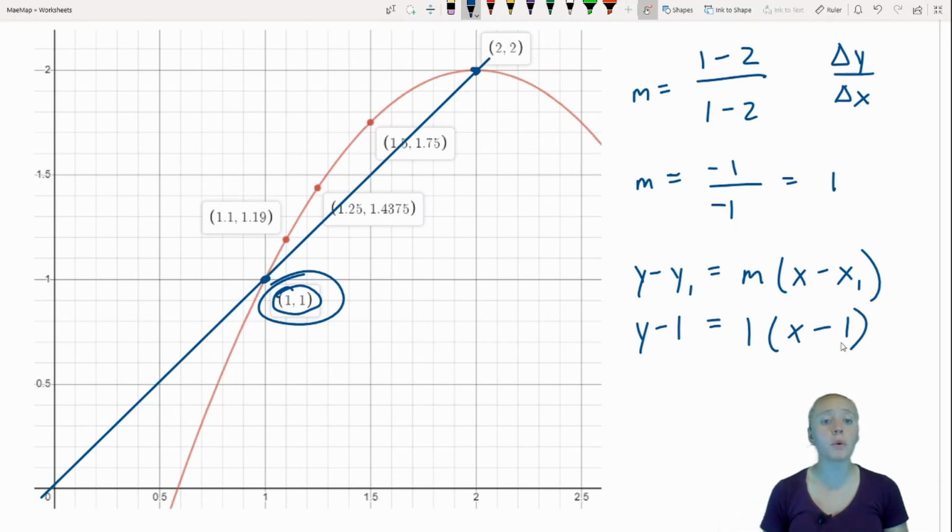It's perfectly okay to leave this as such, but let's go ahead and rewrite it for practice in slope-intercept form. So slope-intercept form is where y equals mx plus some intercept of b. And if you can see this line here, it intersects at the point (0, 0). Let's confirm that.